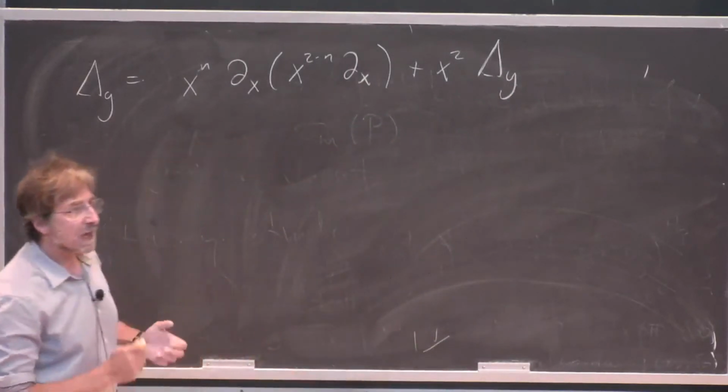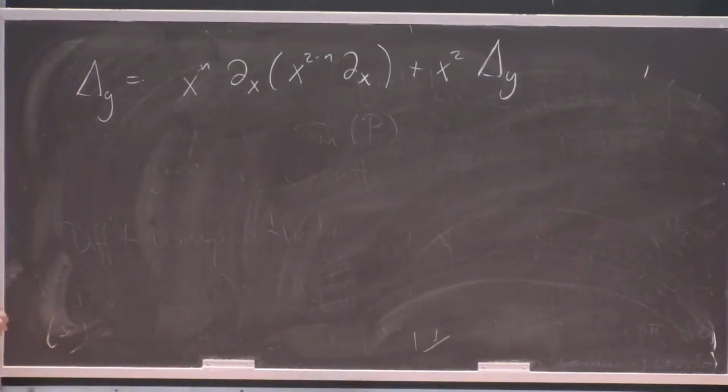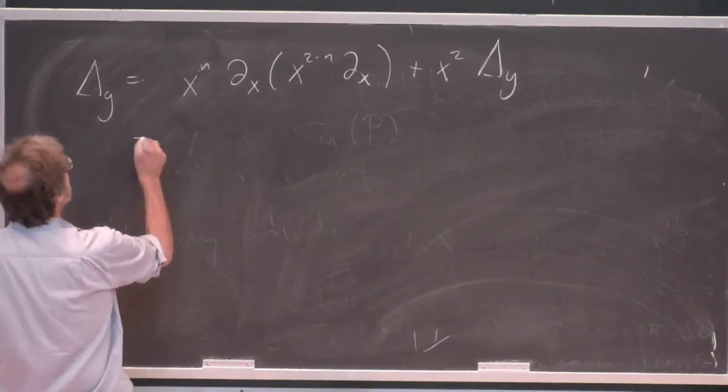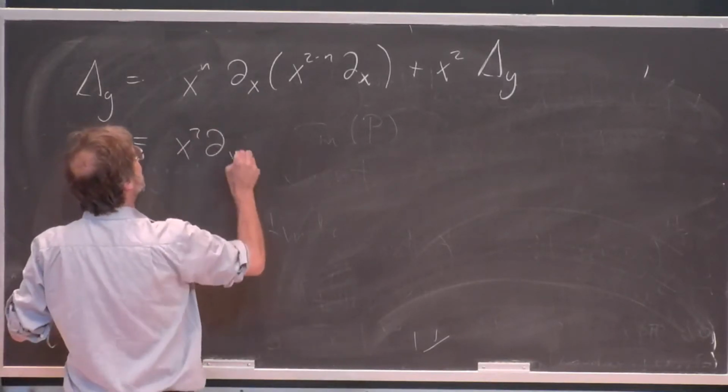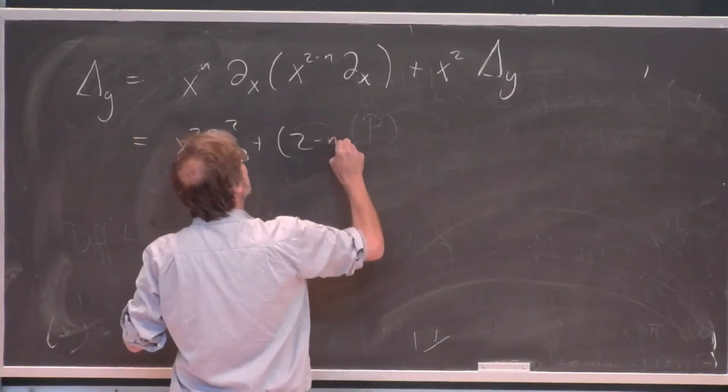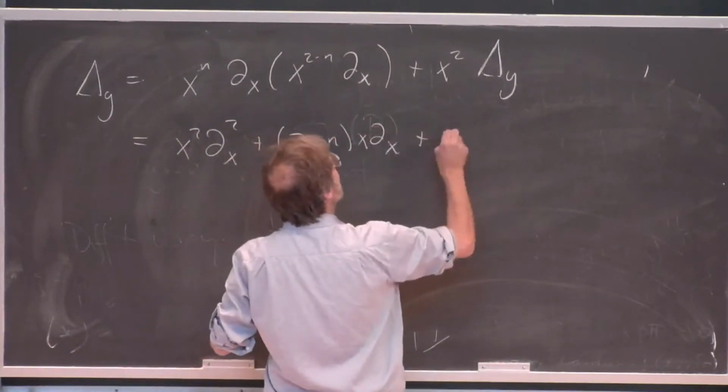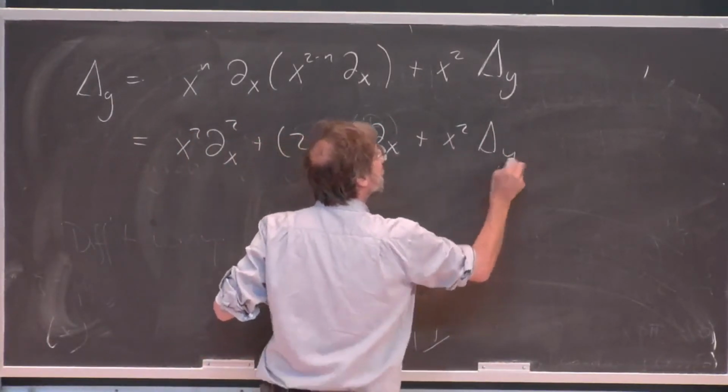I'm not going to settle on which sign of the Laplacian I want, with pluses or minuses. I'm going to flop back and forth, and it's your job to figure out where I'm at any given moment. So this looks like x squared d²/dx² plus (2 minus n) x d/dx, plus x squared times the Laplacian in y.